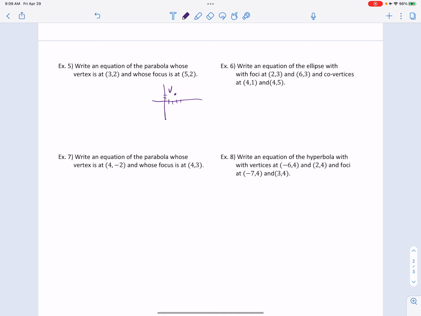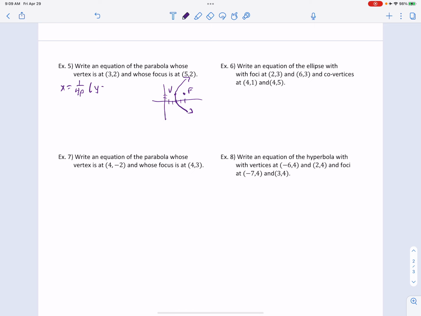And if I go to the right 5 and up 2, that's a focus. That tells me that it's opening to the right because the focus is going to be inside the parabola. And when it opens up right or left, it is a y squared. So it is, x equals 1 over 4p.